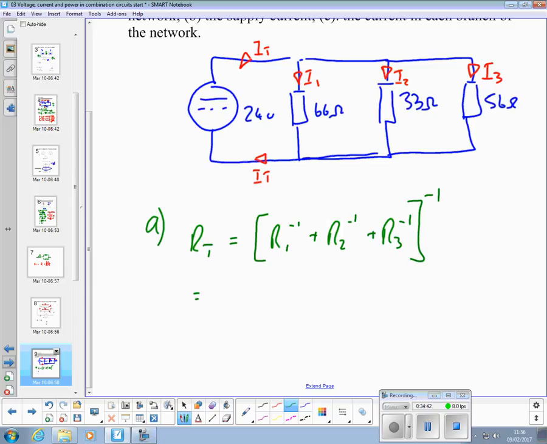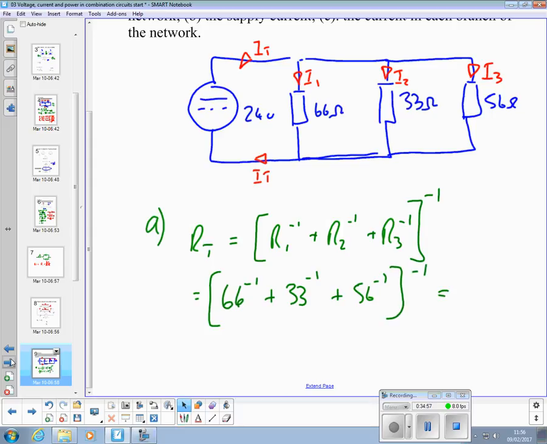So that equals 66 to the minus 1, plus 33 to the minus 1, plus 56 to the minus 1, all to the minus 1 equals. Push the buttons, please. 15.8 onions, tomatoes, or ohms.